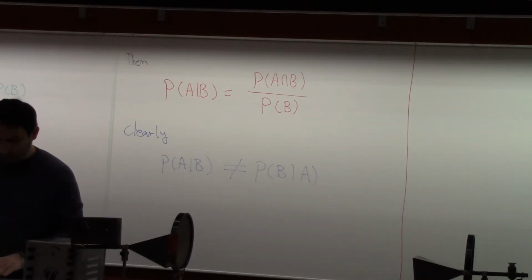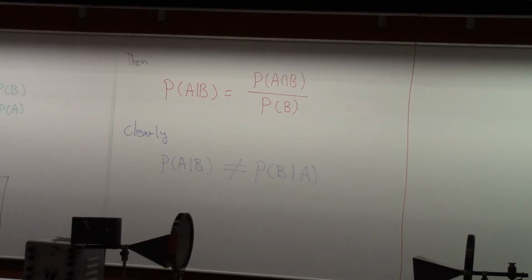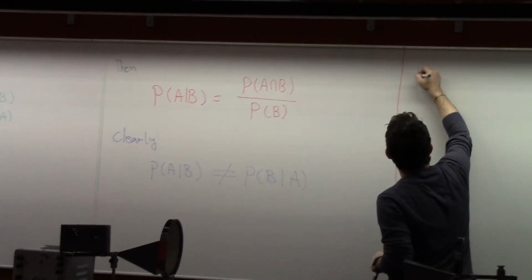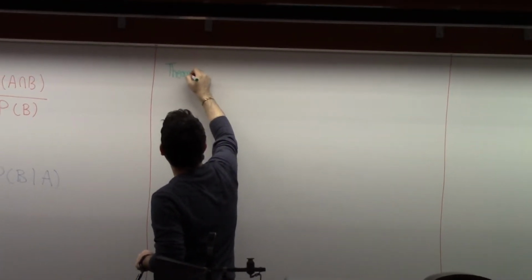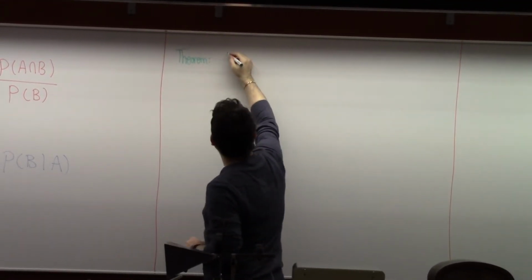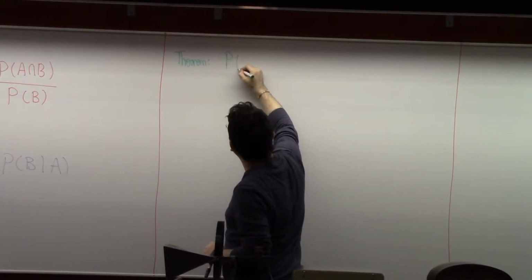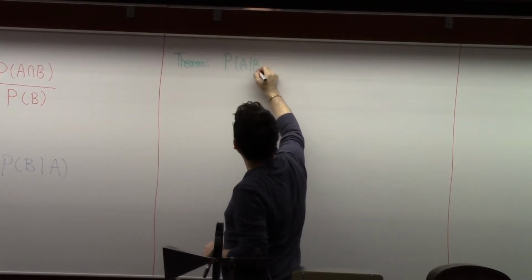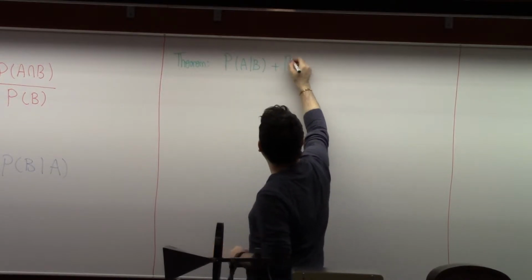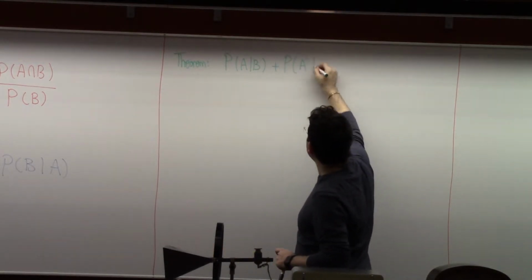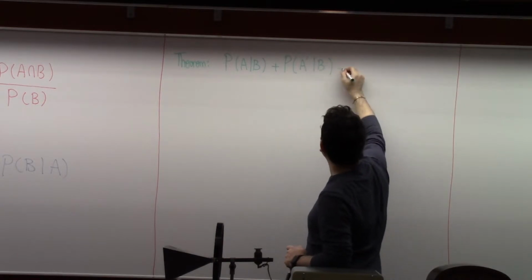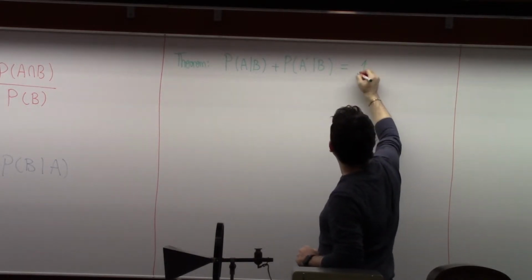So let's have a few important rules, theorems, and their proofs. The first theorem that we want to plug in here is this: the probability of A given B plus the probability of A prime given B is equal to 1.